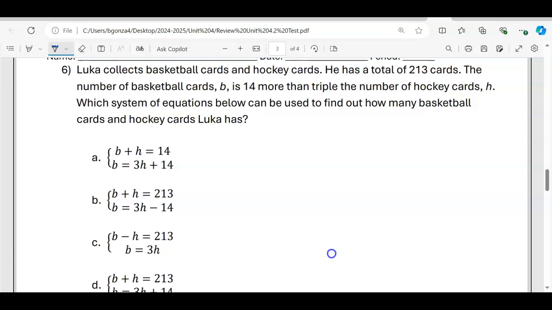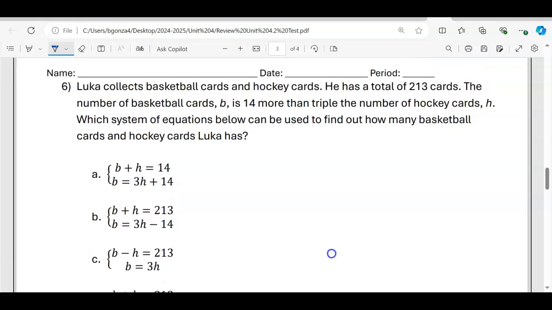Number 6 says Luca collects basketball cards and hockey cards. Okay. So once again, we're going to label this with the variables B, and the hockey is going to be H. Okay. He has a total items 213 cards.